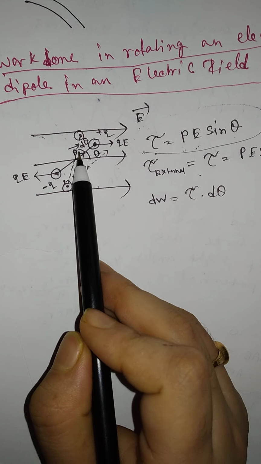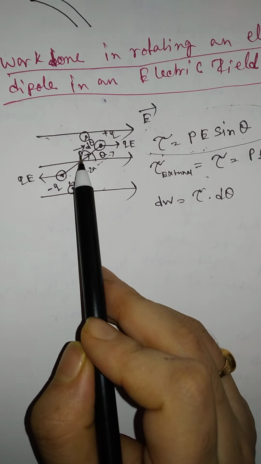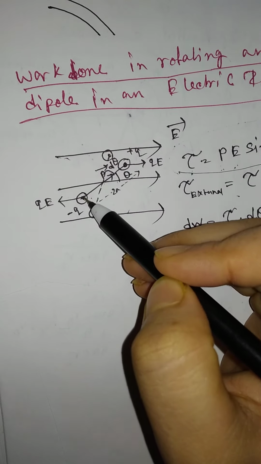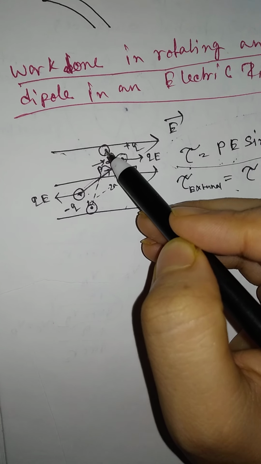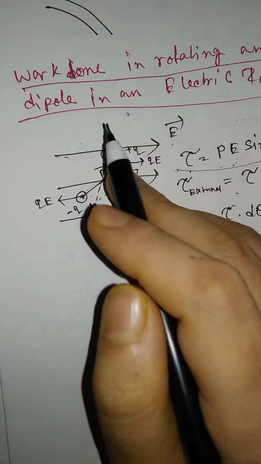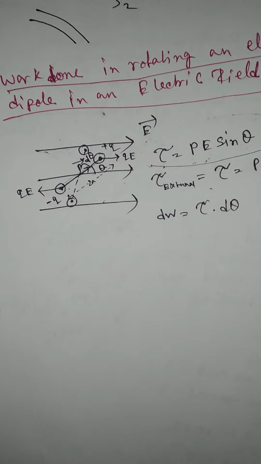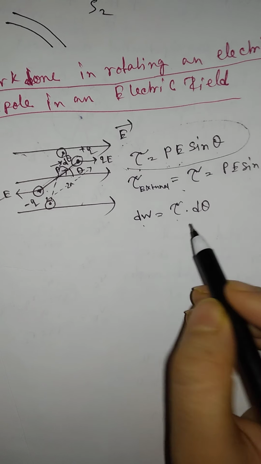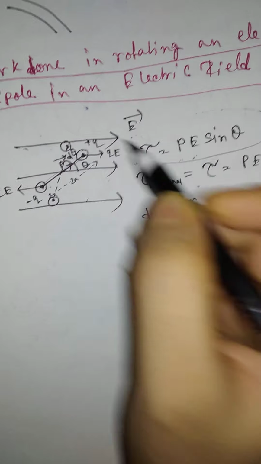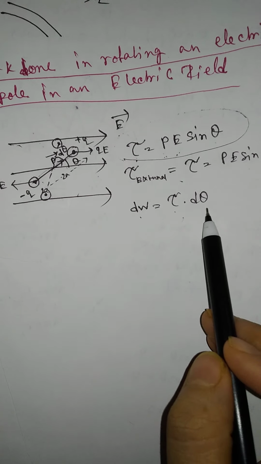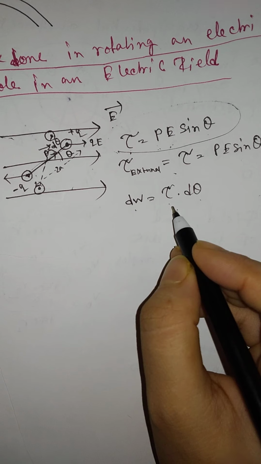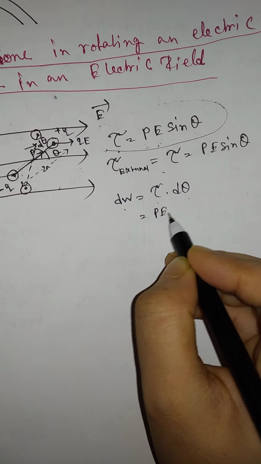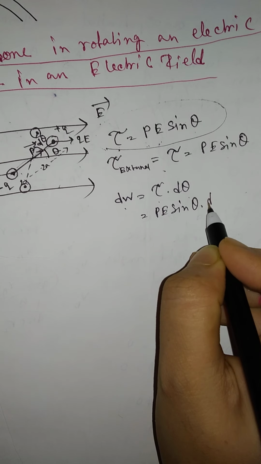Because for this minimum displacement, the torque applied in this situation and the torque applied in the next are almost similar, because d theta is a very, very small displacement. That means for this displacement torque is constant. So dW equals tau into d theta. If we put the value of tau, that means pE sin theta into d theta.